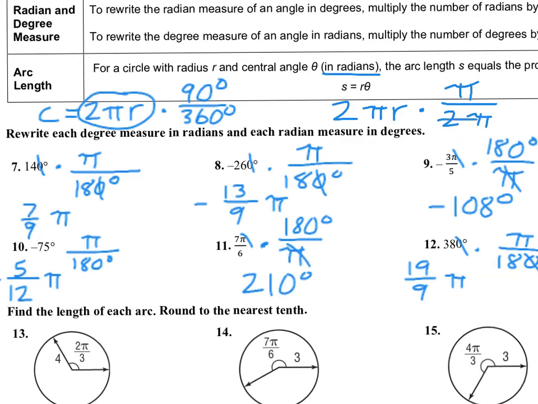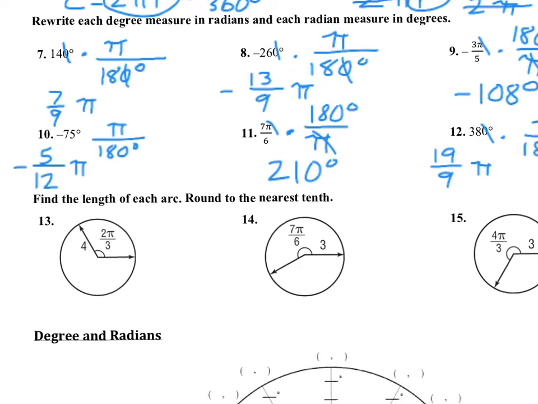Notice the 2 pi from the whole circle and the 2 pi in the formula cancel out, and it's just r times your angle. So the equation for arc length is r times the angle in radians. In this example, the angle was pi. So the formula for arc length, S equals r times the angle in radians.